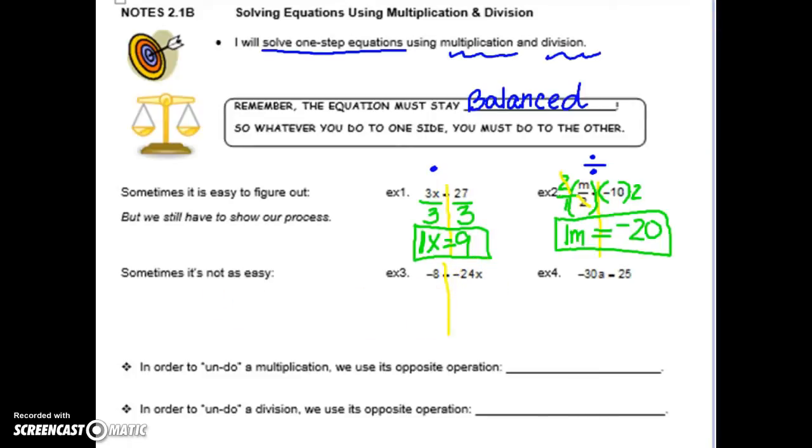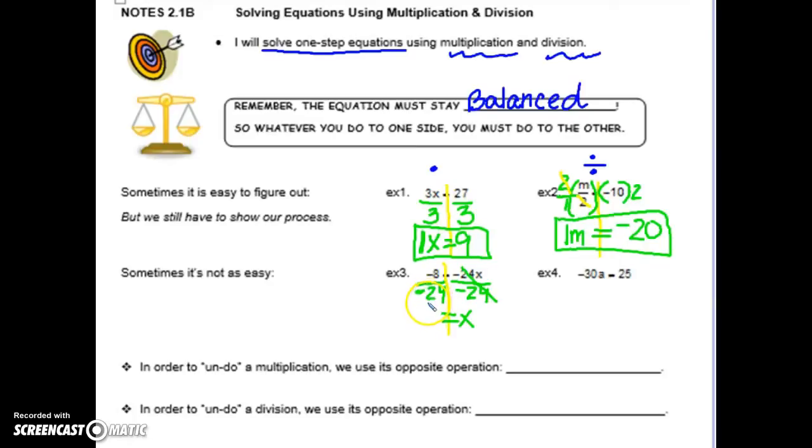So I'm going to divide both sides by negative 24, because this is a multiplication problem. I'm going to undo it by doing division. So divide both sides by negative 24. Those go away. So x is equal to, some of you might be saying, well, the answer is 3. But be really careful. This is 8 over 24.